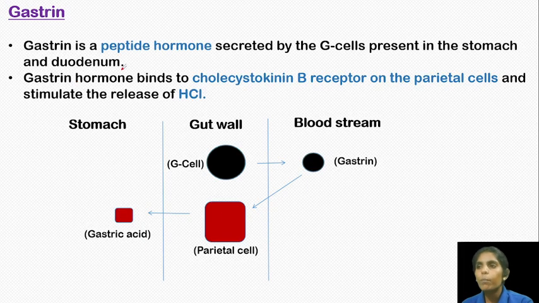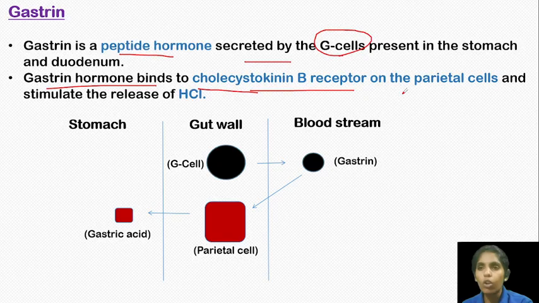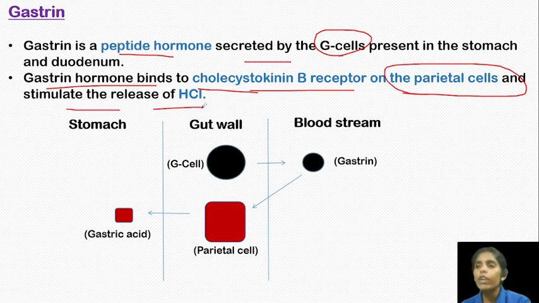So, gastrin is the peptide hormone secreted by the G cells present in the stomach inner wall. The gastrin hormone binds to the cholecystokinin B receptor on the surface of the parietal cells and stimulates the release of HCl.